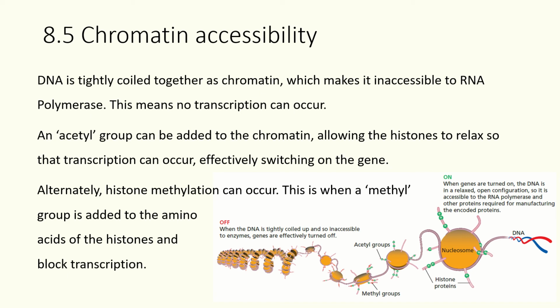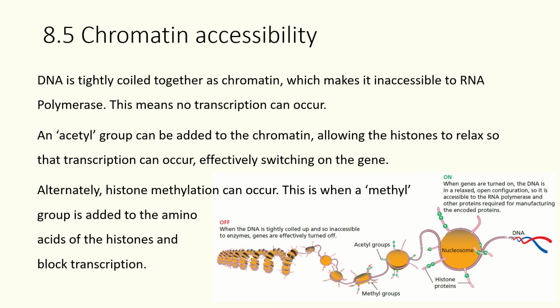So it needs to be uncoiled in order for transcription to occur. An acetyl group, which for those of you in chemistry is a 2-carbon chain, can be added to the chromatin, which allows the histones to relax so that transcription can occur. That is basically switching on the gene.